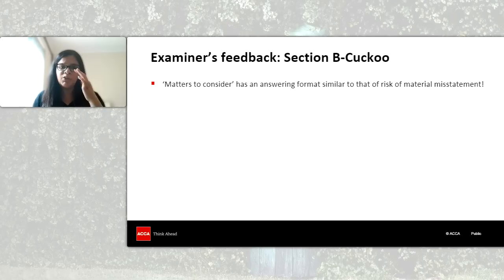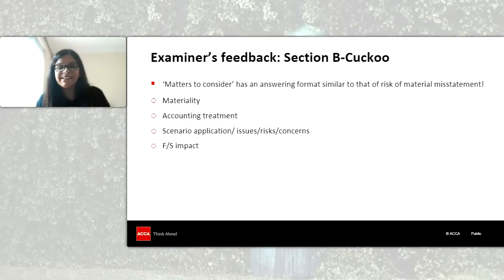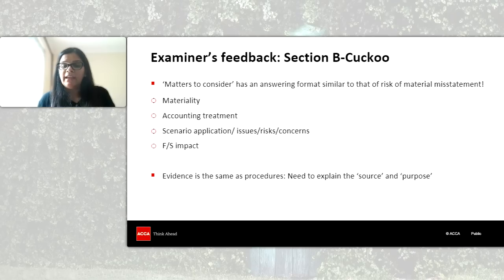The second part, which is your matters to consider, has a format which is very similar to ROM. You comment on materiality. Materiality might already be decided and given, in which case you just use that. You talk about the accounting treatment, the risks, and the financial statement impact. And then you have to talk about the evidence.